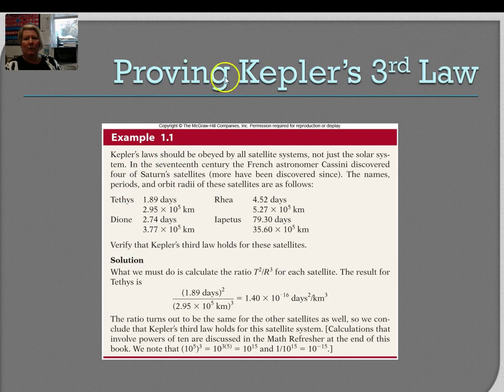Here's an example of proving Kepler's third law. And we have Saturn's satellites, Tethys, Dione, Rhea, and Iapetus.